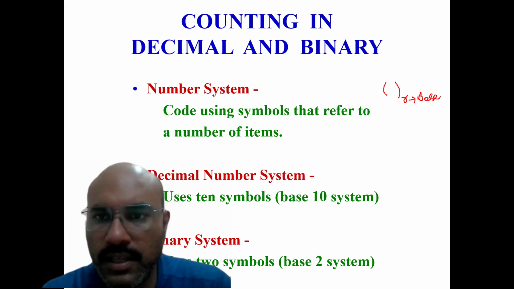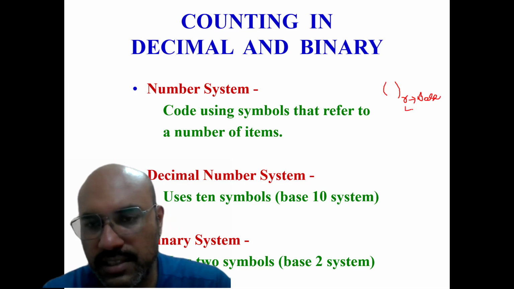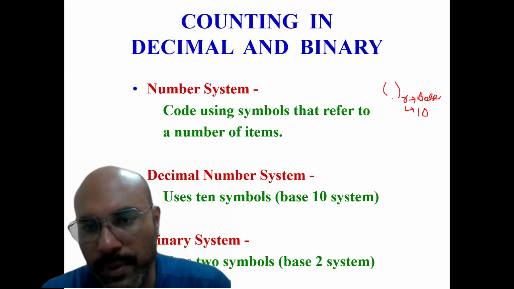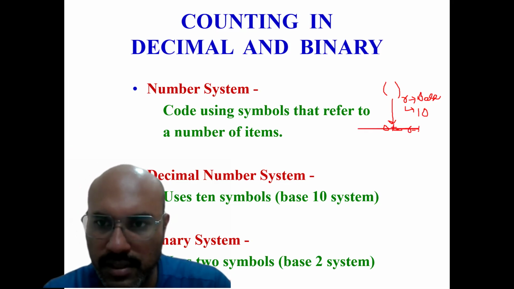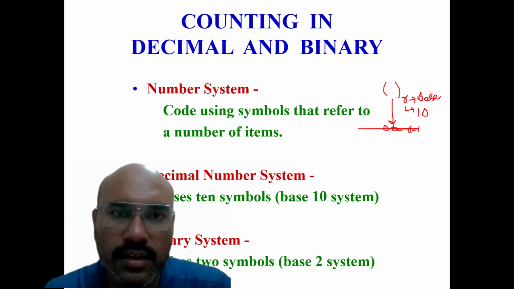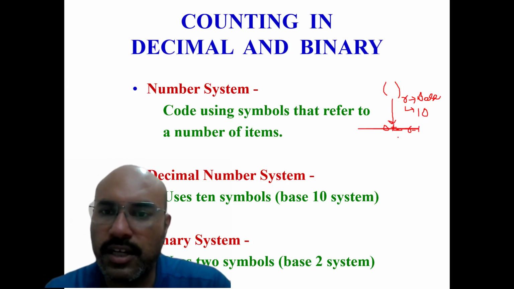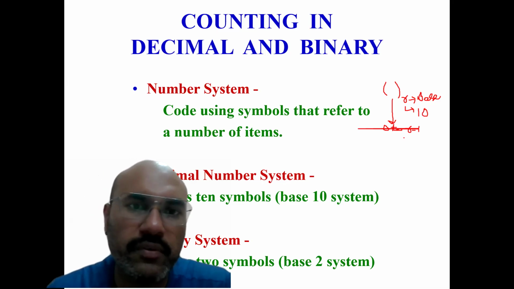Let's consider that the value of R is 10. Then obviously it is a decimal number system. So how many numbers will be present in the decimal number system? The numbers will start from 0 and go up to R minus 1, in any number system. Here the value of R is 10, so the symbols will be from 0 to 9.